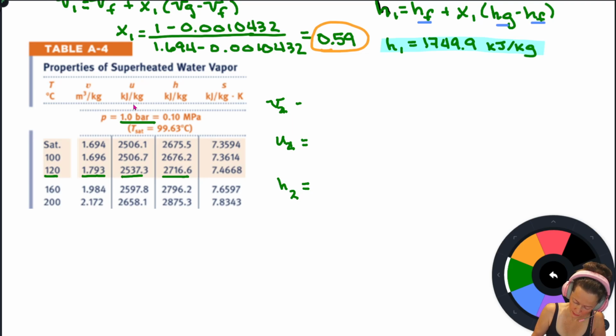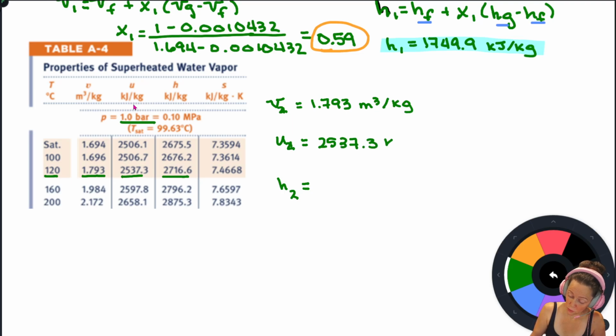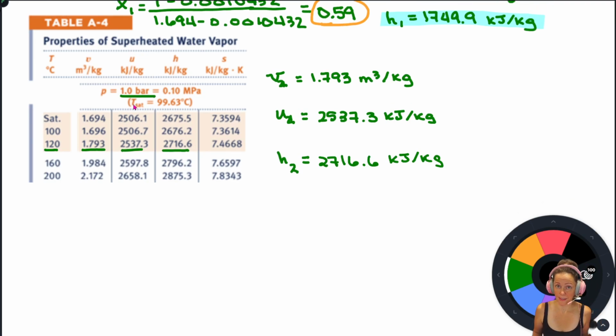Perfect. So this is going to be 1.793 meters cubed per kilogram. My U2, 2537.3 kilojoules per kilogram. Did I say kilojoules? This one's meters cubed per kilogram. I don't know if I said kilojoules per kilogram before. And then this guy is 2716.6 kilojoules per kilogram.